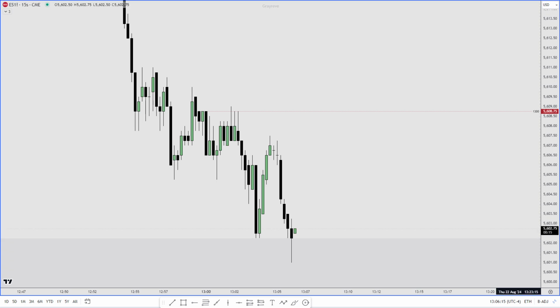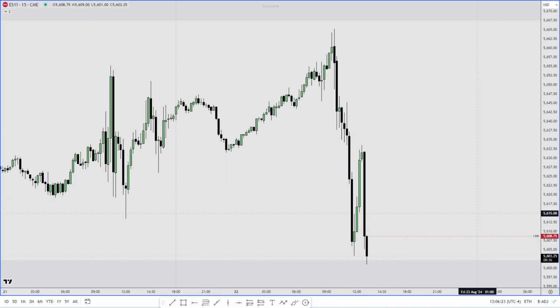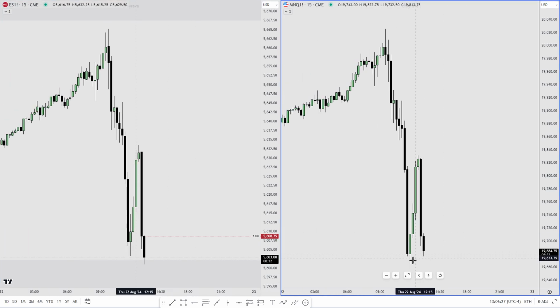For reversals, you don't want to see a follow through, but judging from the price action, right on the 50 minutes, this looks kind of weak, this huge down close candle.